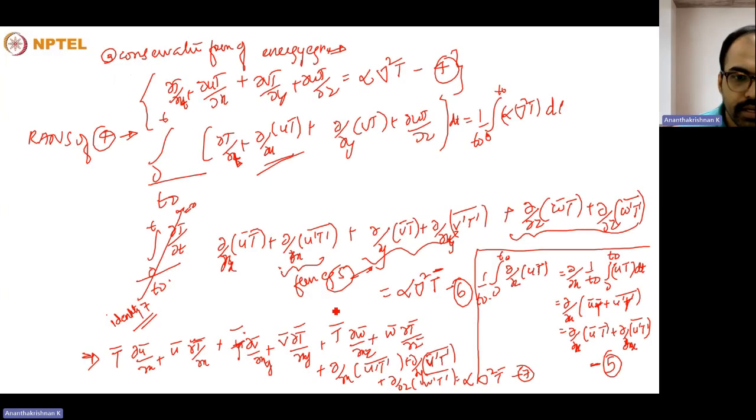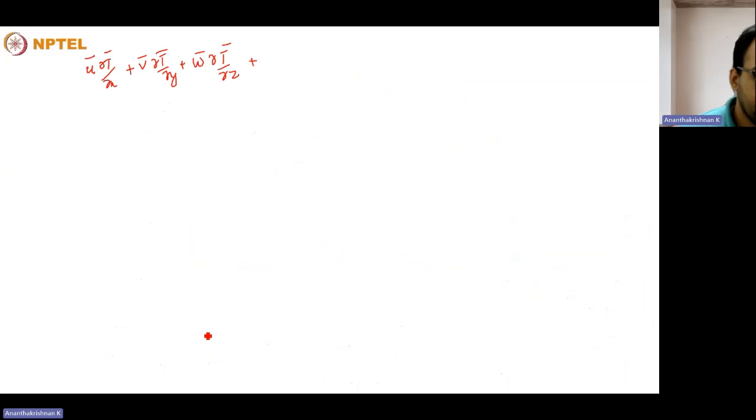So it will be u bar dou t bar by dou x plus v bar dou t bar by dou y plus w bar dou t bar by dou z. And the other terms in terms of dou u by dou x, you can club together. So it will be t bar times dou u bar by dou x plus dou v bar by dou y plus dou w bar by dou z.